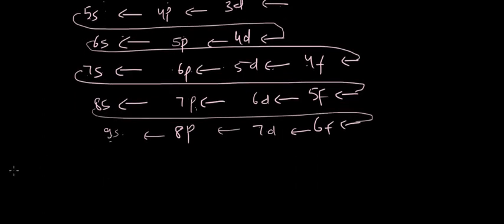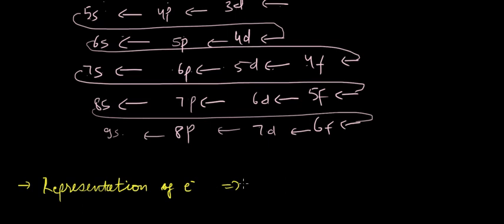How would we write the representation of electrons, or rather the configuration of an element?